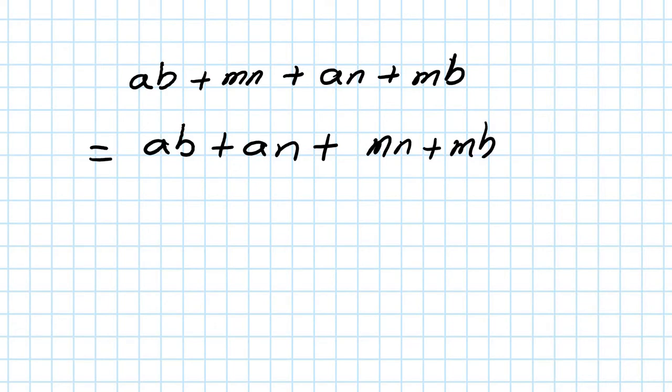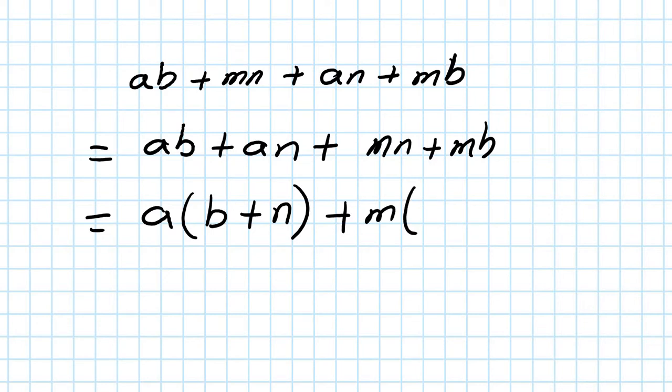Now I can factorize the first two terms here. AB plus AN, the common factor is A, so you're left with B plus N. And then the common factor is M, so I take M out for the last two terms, left with N plus B. Now note that N plus B is the same as B plus N, just like 2 plus 3 is the same as 3 plus 2.